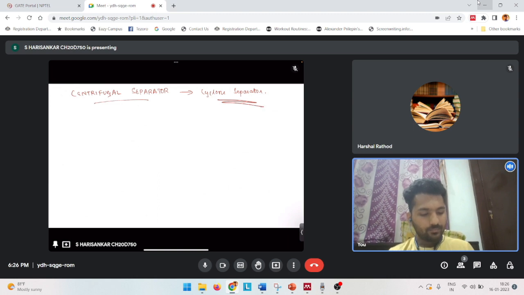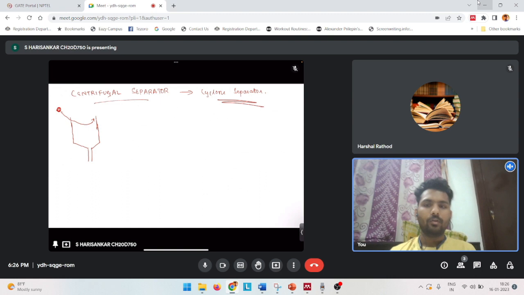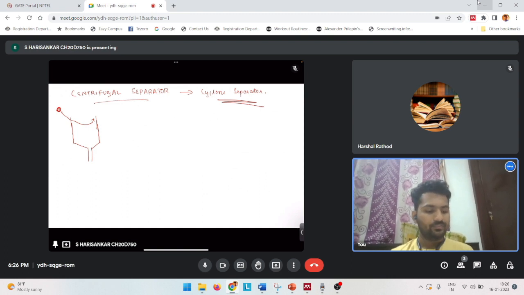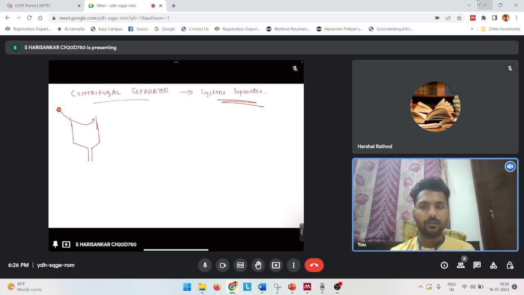So for the cyclone separator, I'm just drawing a very simple diagram. You will have a particle, let's say this is the particle. This particle will enter this cyclone chamber tangentially to the walls of the chamber. What happens is this induces a centrifugal force as well as gravitational force.